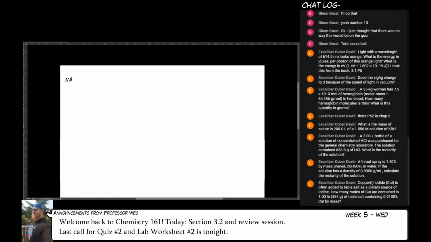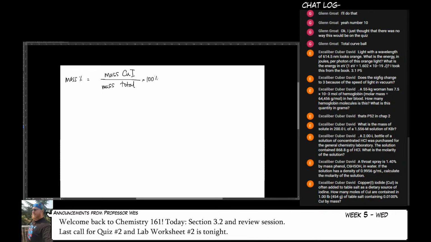So remember that mass percent, or percent mass. I wrote solute, but I should actually just be writing it like this, I guess, because this is not a solution. Times 100%.